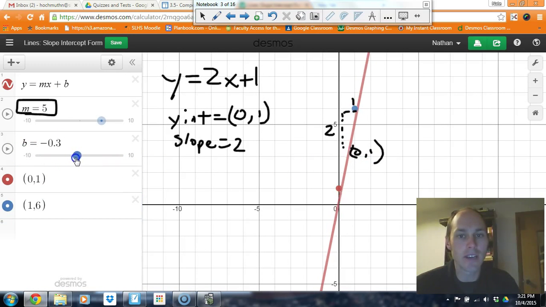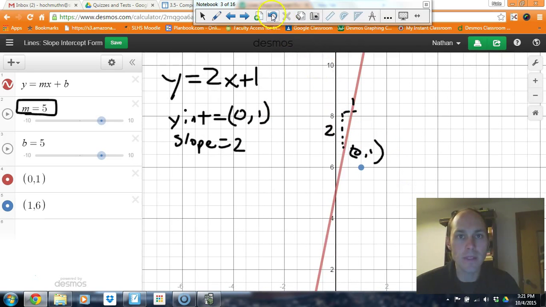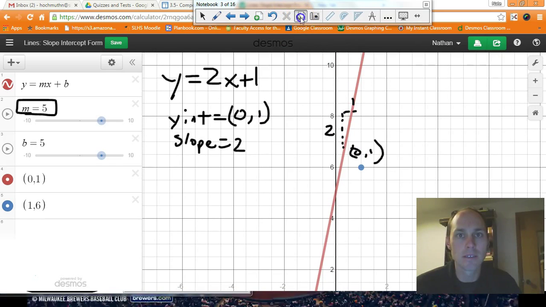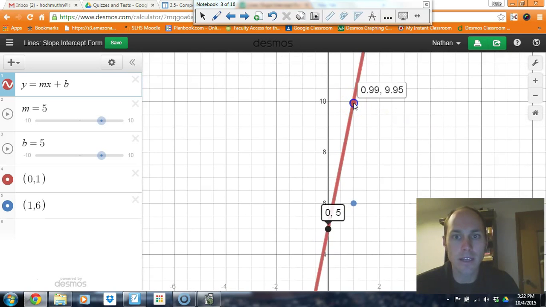If I change this value, notice what happens to our y-intercept. If I change this value to 2, our y-intercept is 2. If I change the value to 5, it shifts the whole graph and it's 5. Notice our points: I've got a point here at 0, 5, and a point here at 1, 10.